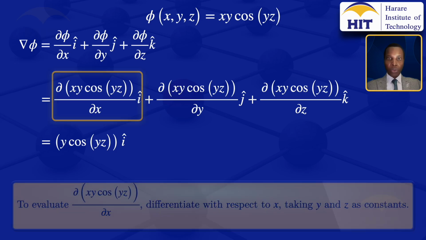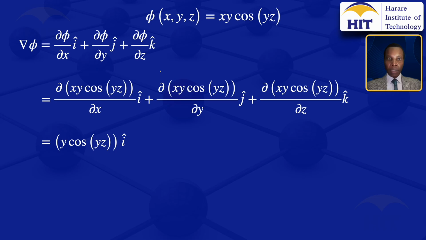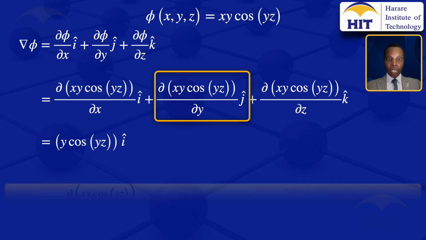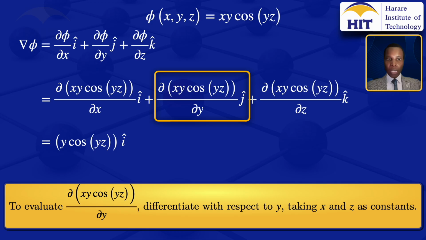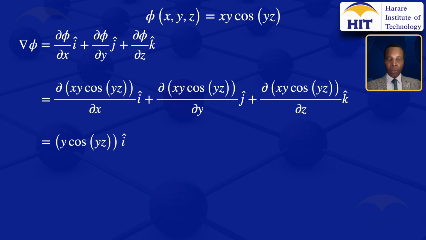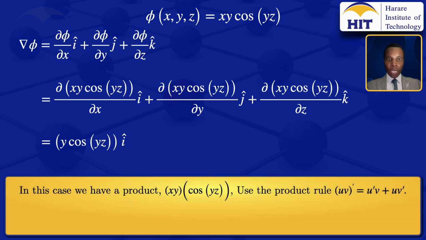Then we go on to the next part, the partial derivative with respect to y. We are differentiating xy cosine yz with respect to y, treating x and z as constants. But in this case, we have a product of two functions of y there. So we have xy multiplied by cosine yz.